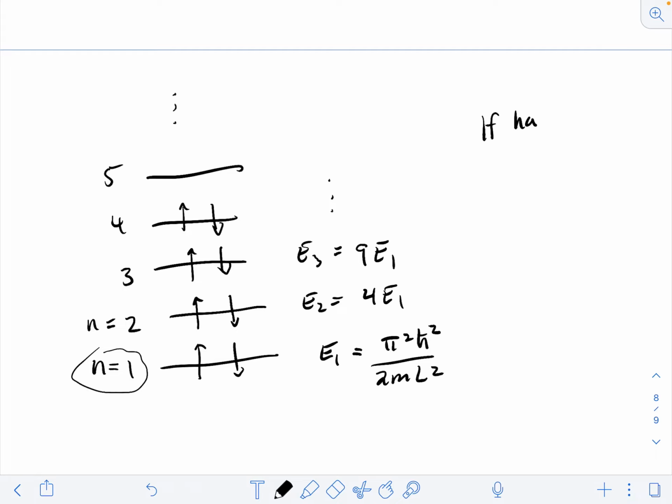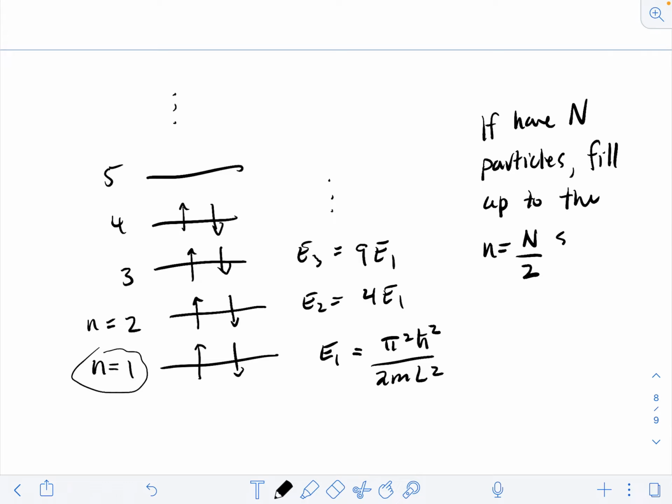So if we have N particles, we would end up filling up to the n equals the number of particles divided by 2 state.